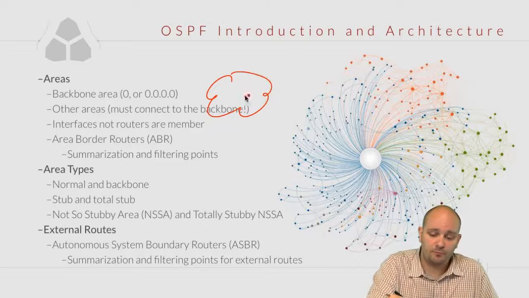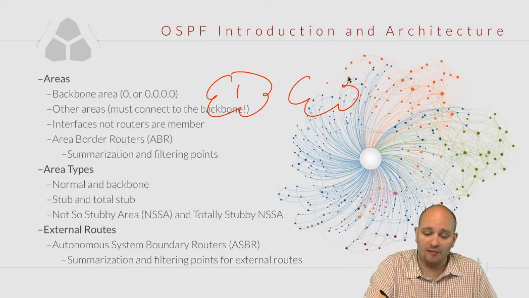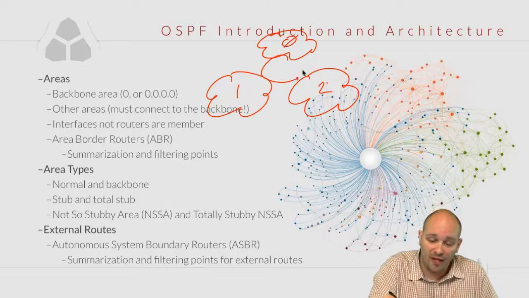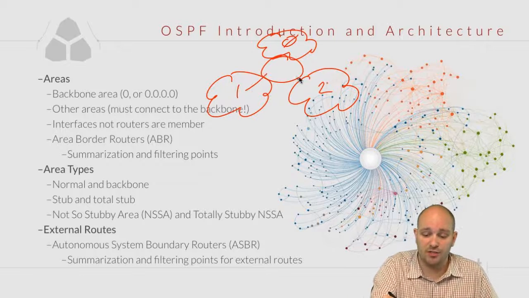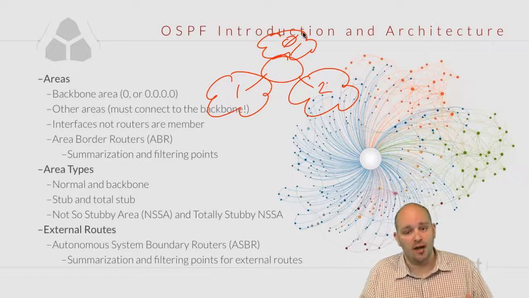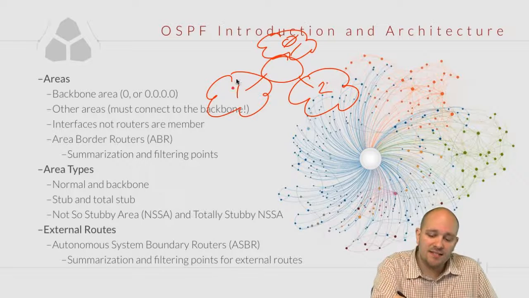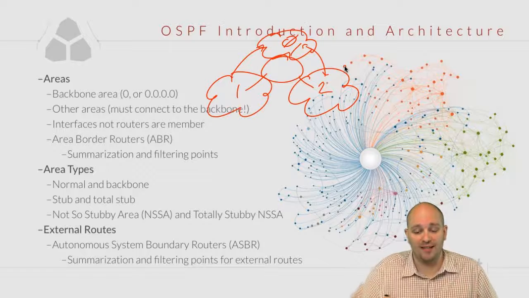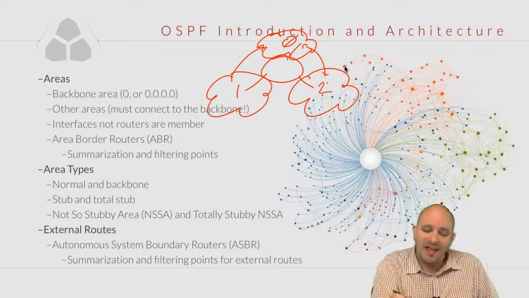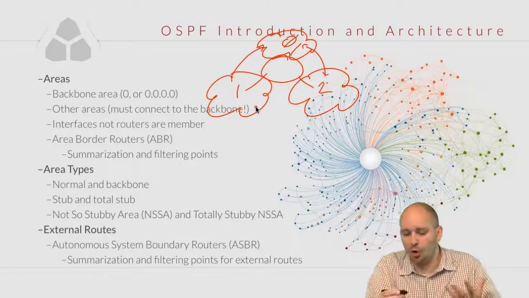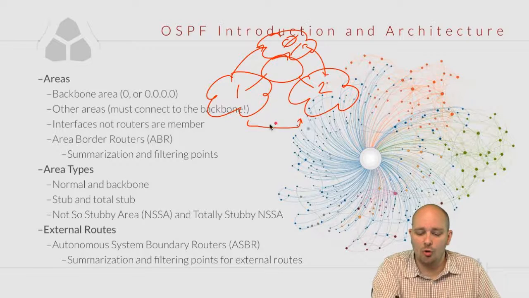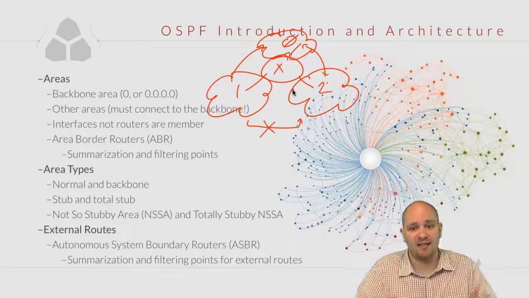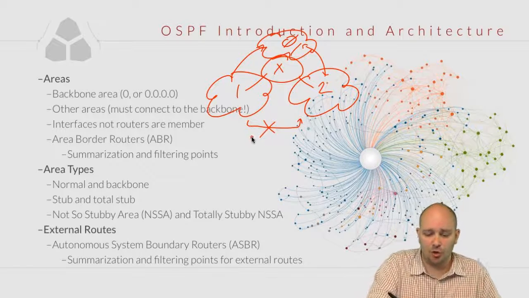I could have area 1 here, area 2 here, and area 0 here, and I could have a single router that has connections in areas 1, 2, and 0, but this still means that area 1 is connected to area 0 and area 2 is connected to area 0. Logically speaking, there is no connectivity between areas 1 and 2, even though we have a single router that is interconnecting them.